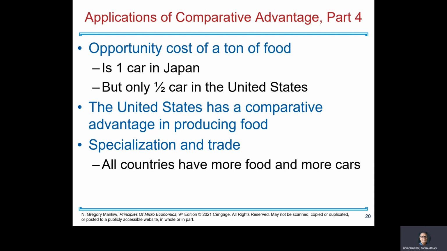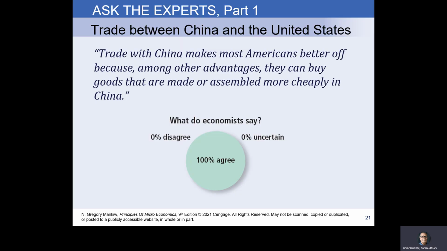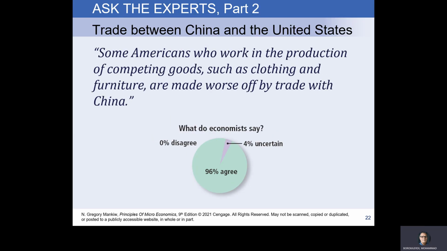This one gives you the answer here, and at the end of the chapters, it gives you this one. It says some Americans who work in the production of competing goods, such as clothing and furniture, are worse off if we trade with China. 96% of economists agree on that one.